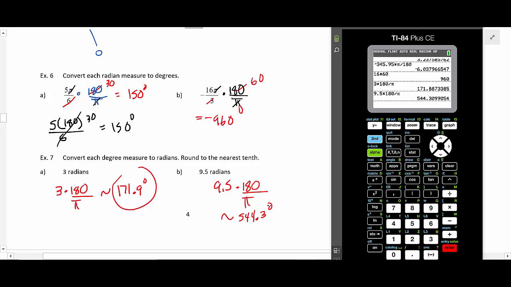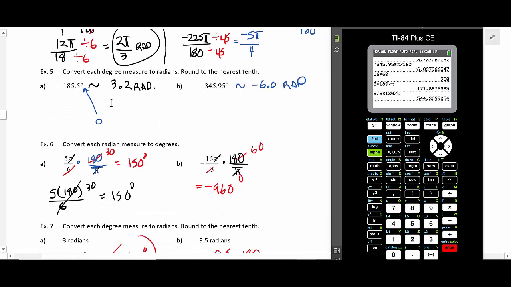Yes? For example 5, when we are converting degrees to radians, you said that 3.2 radians is about right because a radian is around 60 degrees, right? No, not quite. There's a better way to think of this.